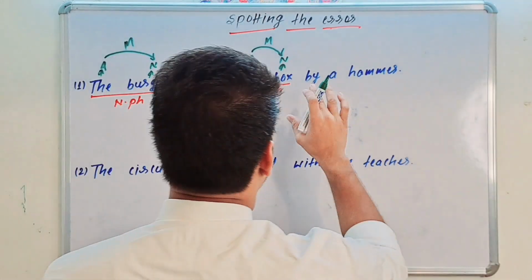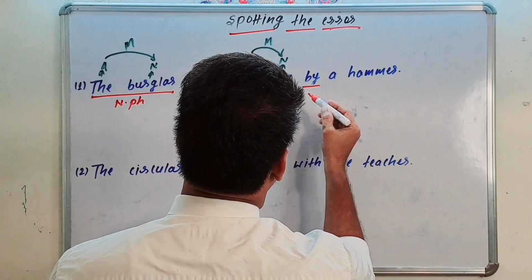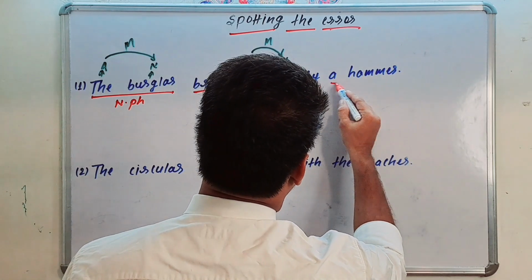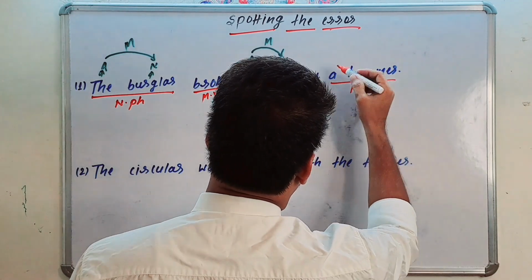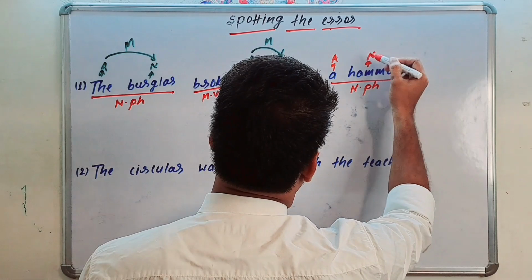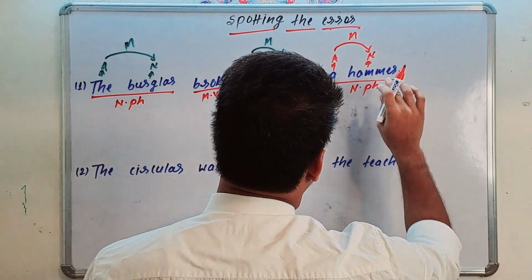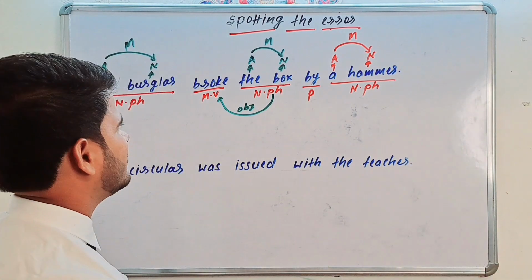No doubt, here by is your preposition. A hammer, again a noun phrase: article, noun, which is modifying the noun. And where is the error part?